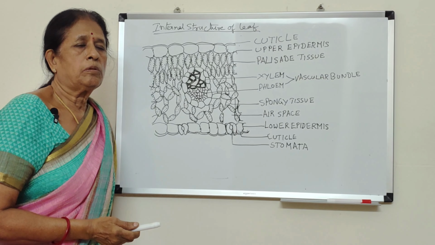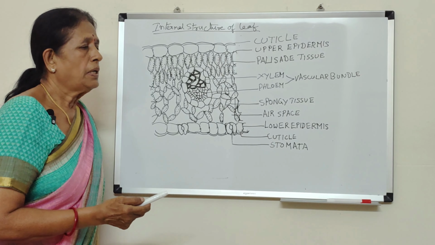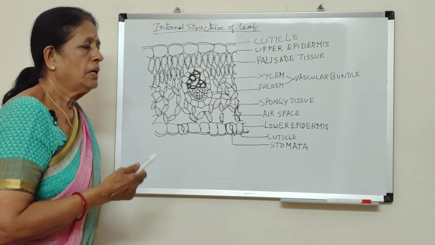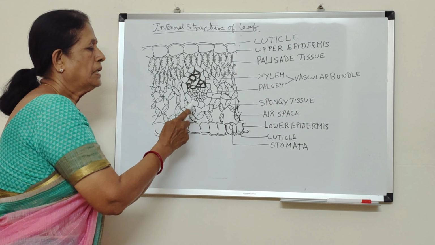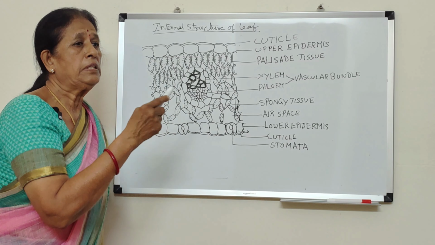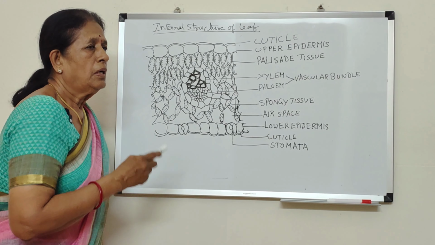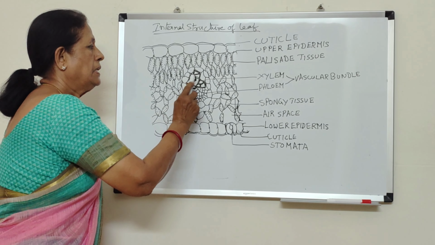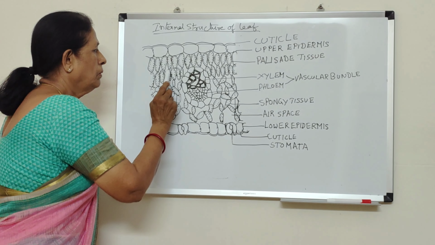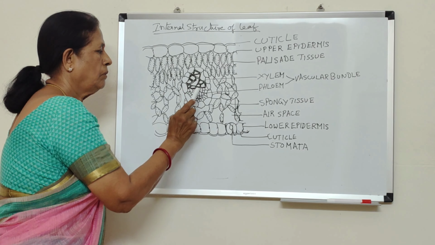As told yesterday, xylem conducts water and minerals from the lower part, that means from the roots, to the upper part of the leaf, and phloem conducts synthesized food materials from the leaf to other parts of the plant. That is conductive tissue, xylem and phloem, and it is present all over the leaf.